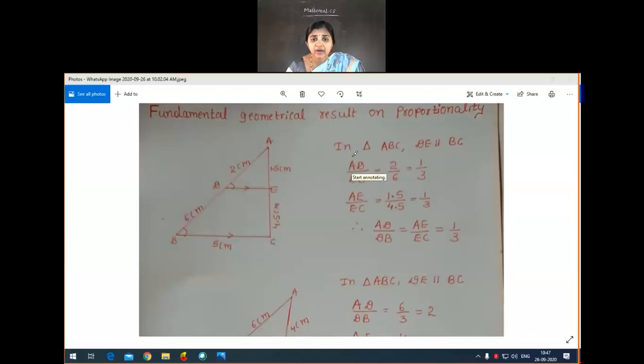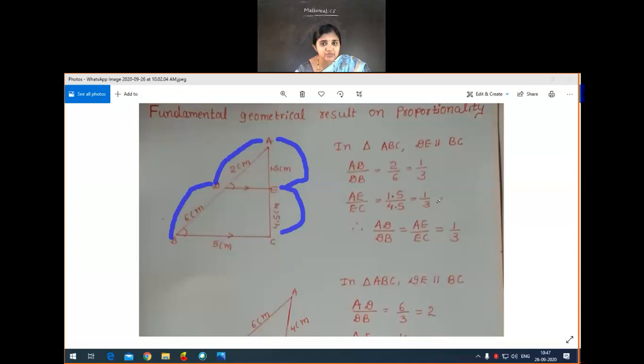Now take AD divided by DB, which is equal to 2 divided by 6, that is equal to 1 by 3. Next take AE divided by EC, that is 1.5 divided by 4.5. After simplification you will get 1 by 3.